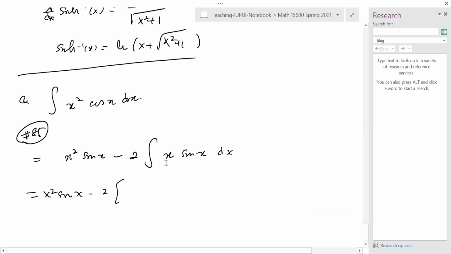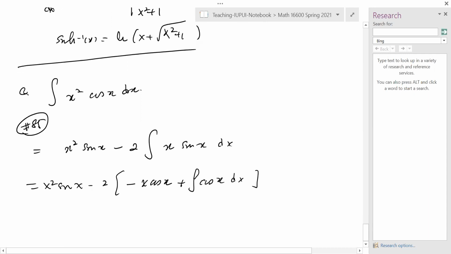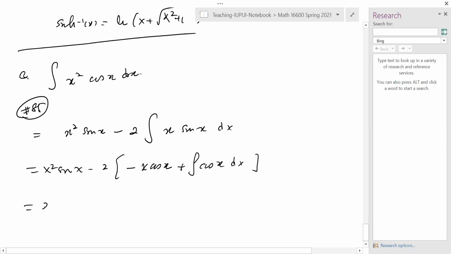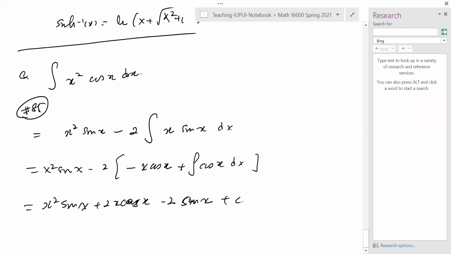So the integral of x times sine x is going to be negative x cosine x plus the integral of cosine x dx. And then you know how to evaluate the integral of cosine x. The integral of cosine x is sine x plus a constant. Okay, so that's it.